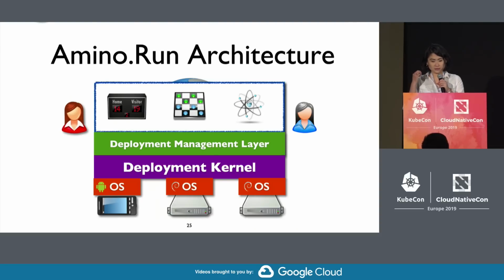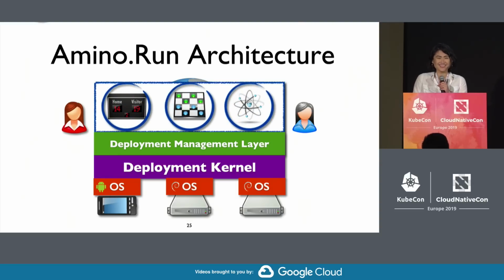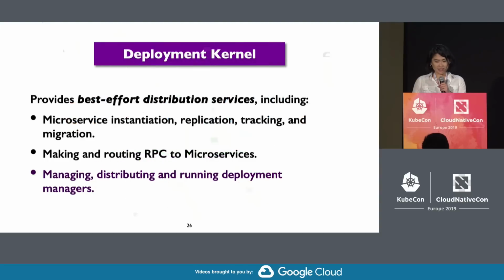And the deployment kernel is the very lowest layer. Oh, these are our microservices. It is the very lowest layer of the Amino runtime. And what the deployment kernel does is it does essentially those best-effort mechanisms that you need for running any microservice. So it provides instantiation of your Amino microservices.